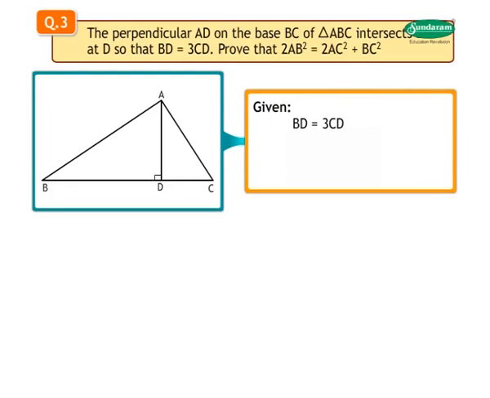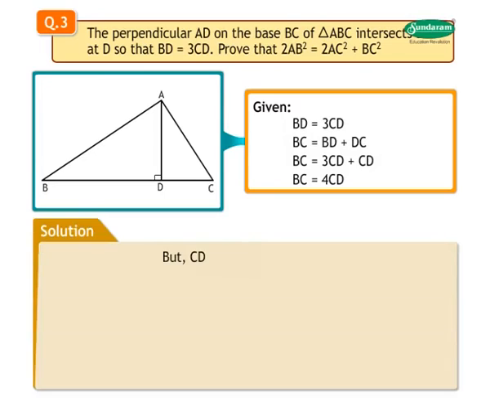But we know BC is equal to BD plus DC. BC is equal to 3CD plus CD is equal to 4CD. Solution. But CD is equal to 1 upon 4 BC. Hence, CD is equal to 1 upon 4 BC and BD is equal to 3 CD.